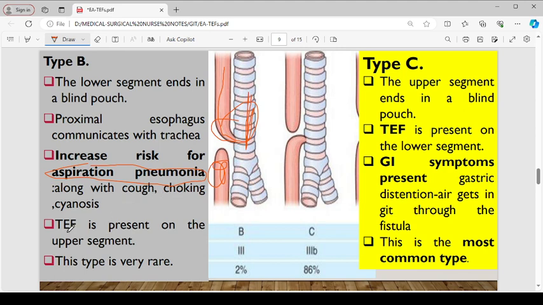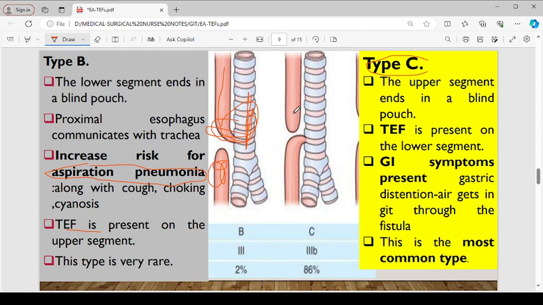In this case, it's also good to note the difference between type A and type B, so that in type B here you are seeing there is presence of tracheoesophageal fistula, though this type is very rare. The third type, which is type C, is where the upper segment ends in a blind pouch.